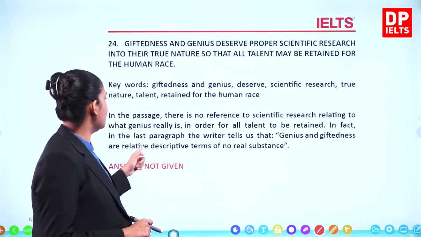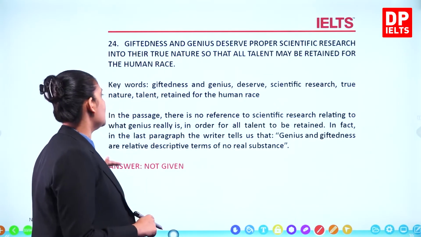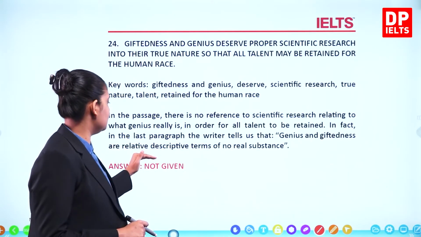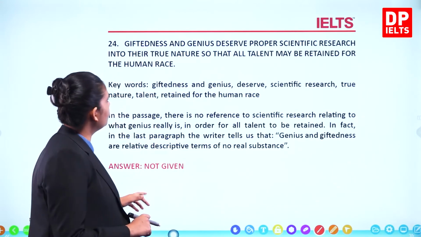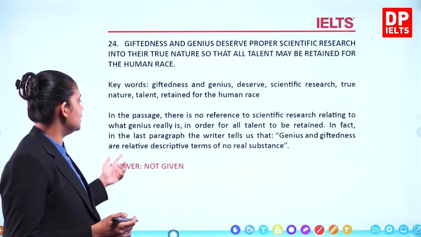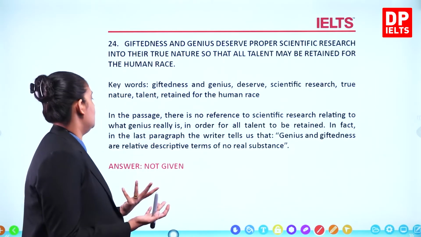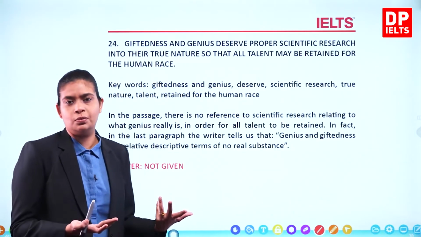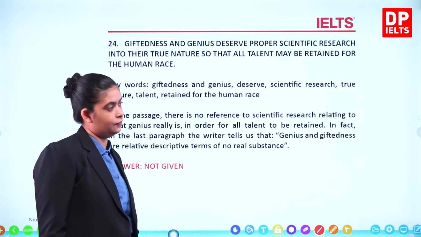In fact, in the last paragraph, the writer tells us that genius and giftedness are relative descriptive terms of no real substance, right? So we don't really know about it. It doesn't tell us. Maybe retained for the human race, we don't really know. So the answer is not given.